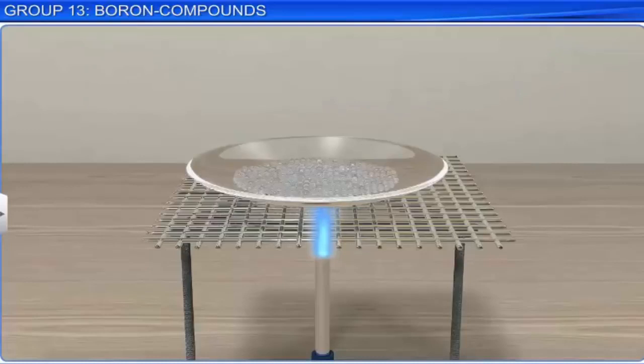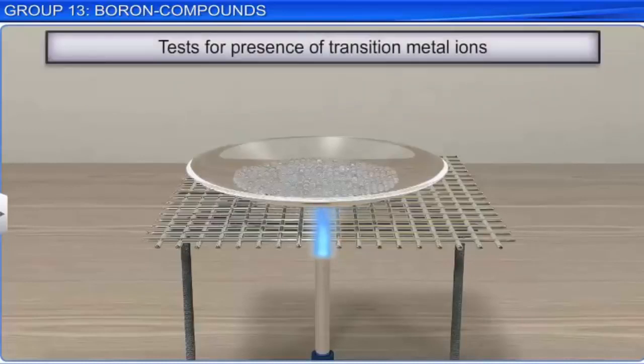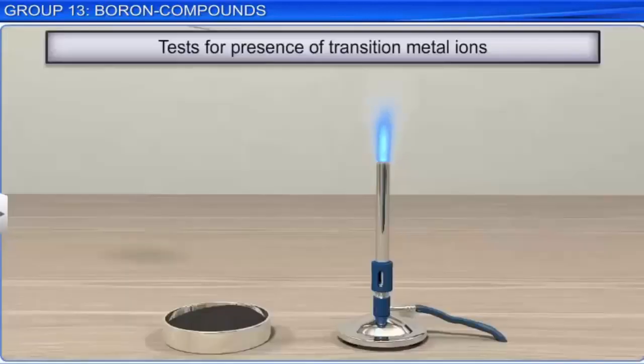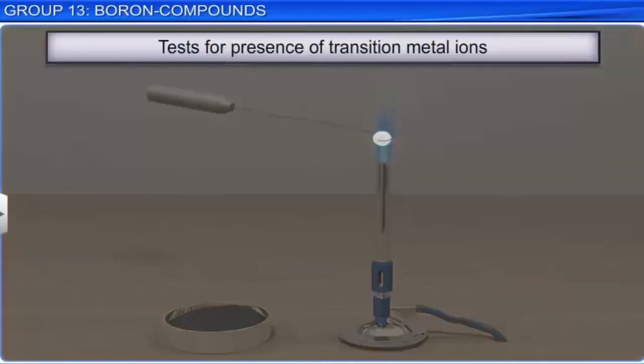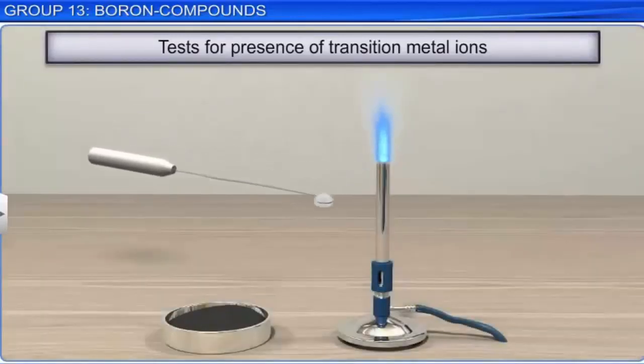The borax bead test is a qualitative way to test for the presence of transition metal ions. A platinum loop is used to heat a small sample of borax in a Bunsen burner flame until a borax bead forms. The bead is then dipped into a small sample of the substance being tested.